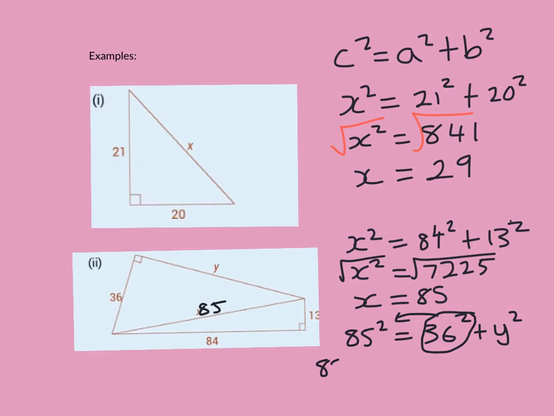So I get 85 squared minus 36 squared is equal to y squared. Now I'm just going to skip a step here, just because you should be used to what we're doing now. So y squared is equal to 85 squared minus 36 squared, which will give me 5929. So then my y, when I square root both sides, the square root of 5929, is going to be 77.